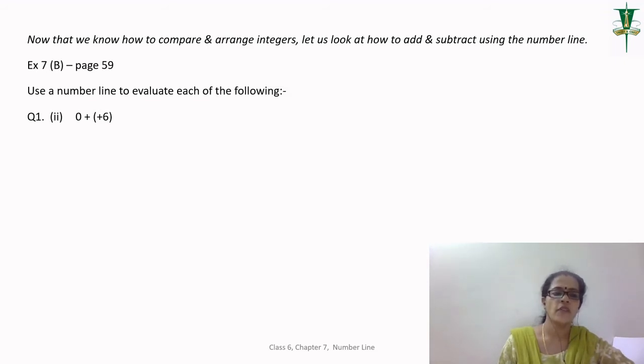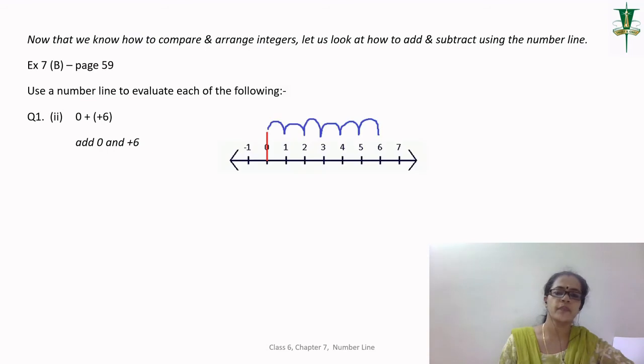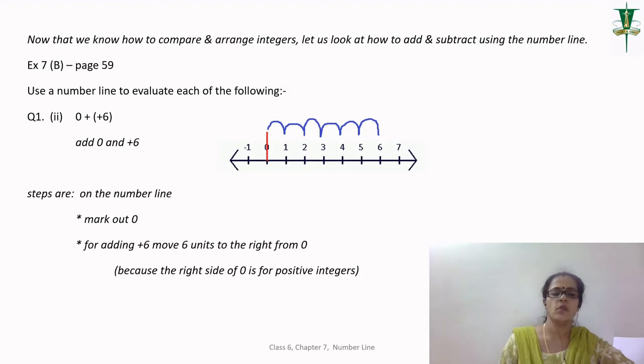0 plus of plus 6, which simply means add 0 and plus 6. First of all, draw your number line, mark out the 0, and for adding plus 6, you should move 6 units to the right from 0.